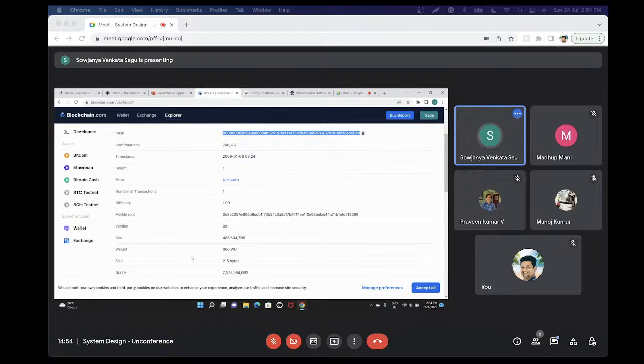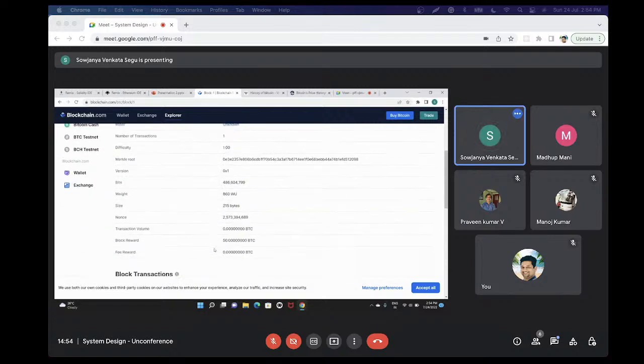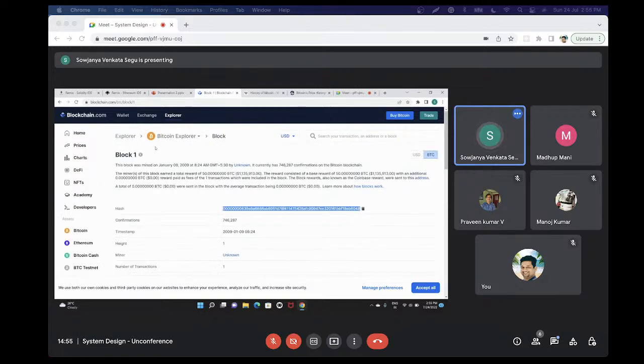Every miner in the network competes to build a block to get the mining reward. In this first block, the mining reward was 50 bitcoins, which is huge at the current price. This block reward decreases by half after every 4 years. Right now, the current reward we can check.